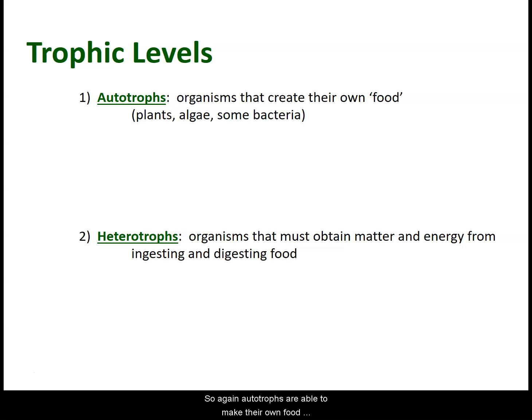So again, autotrophs are able to take inorganic carbon, such as CO2, and make that into their own glucose supplies. Heterotrophs, on the other hand, are unable to do that. And so we have to take in our glucose, usually by eating things like plants, and then we will break that down into CO2 and water.